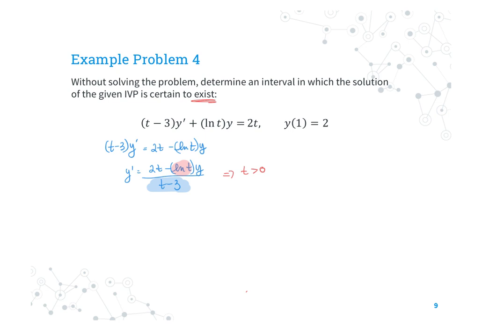The other point of discontinuity is that t minus 3 can't be 0. So t cannot be 3. So now we know that t has to be between 0 and 3, or greater than 3.